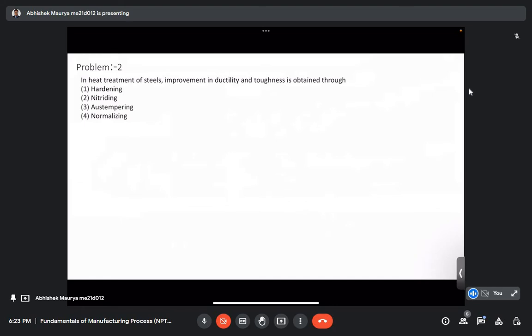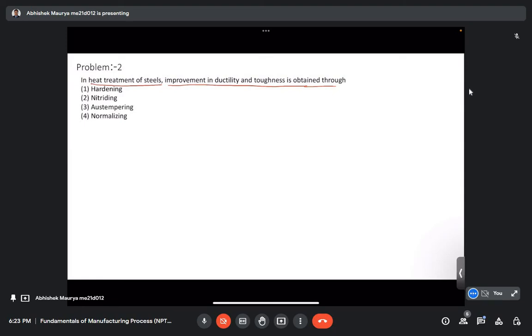So, in the question, in the heat treatment of steels, improvement in ductility and toughness is obtained through, and these are some of the names of the different types of heat treatment processes of steel. First one is hardening. Second is nitriding. Third one is tempering. Fourth one is normalizing.